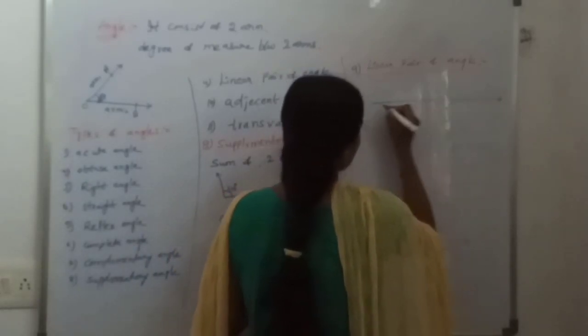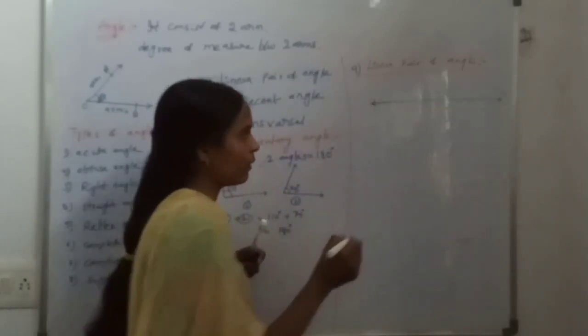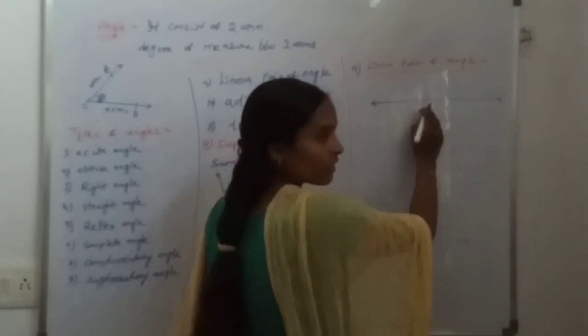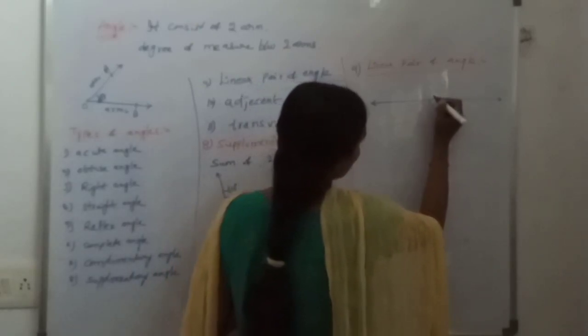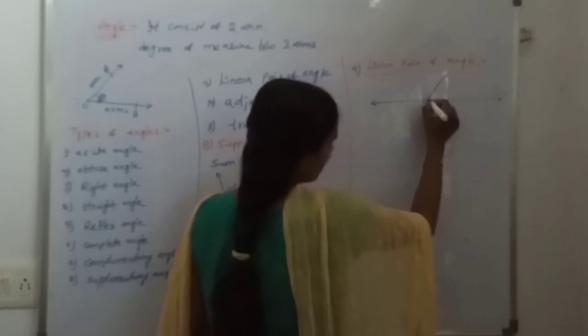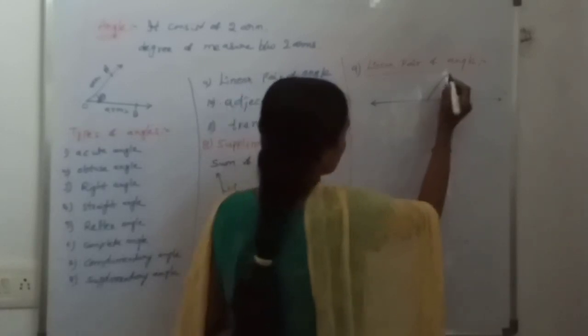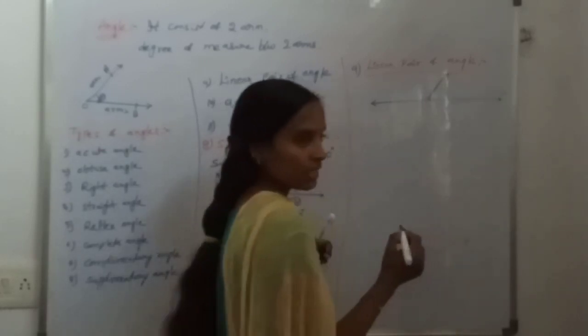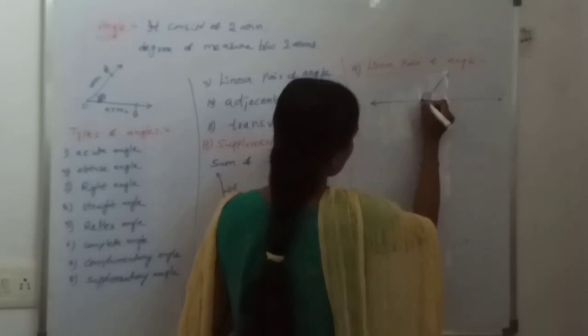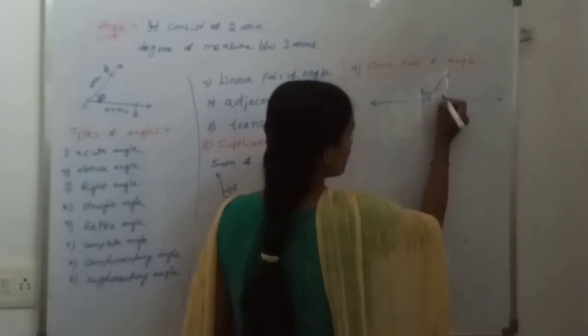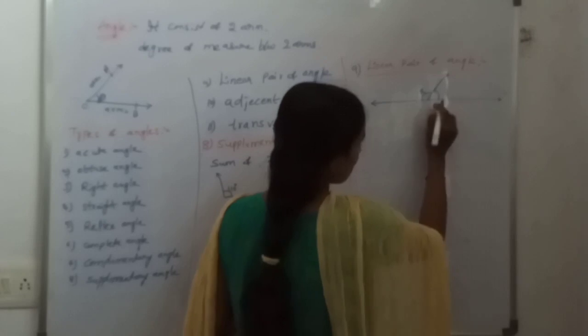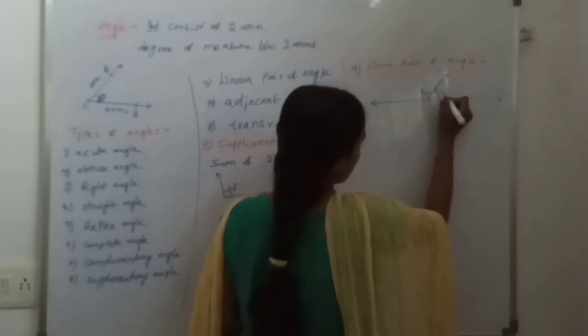some straight line. Now, on this straight line, take one ray. I am naming this angle x and another angle y.